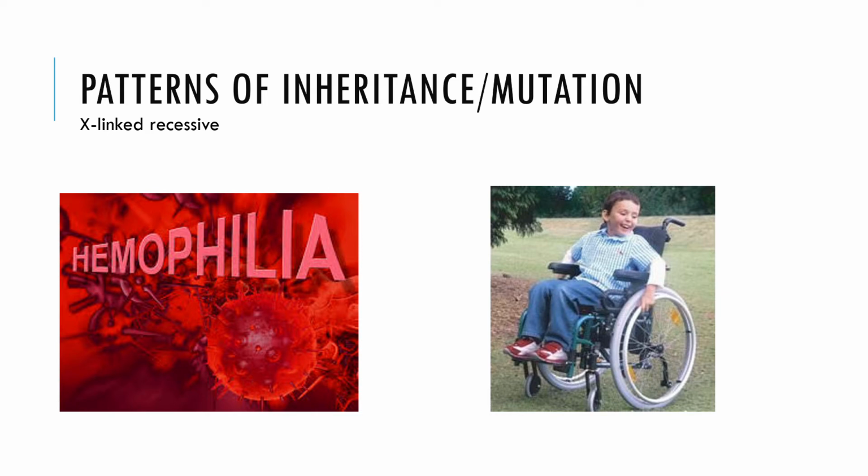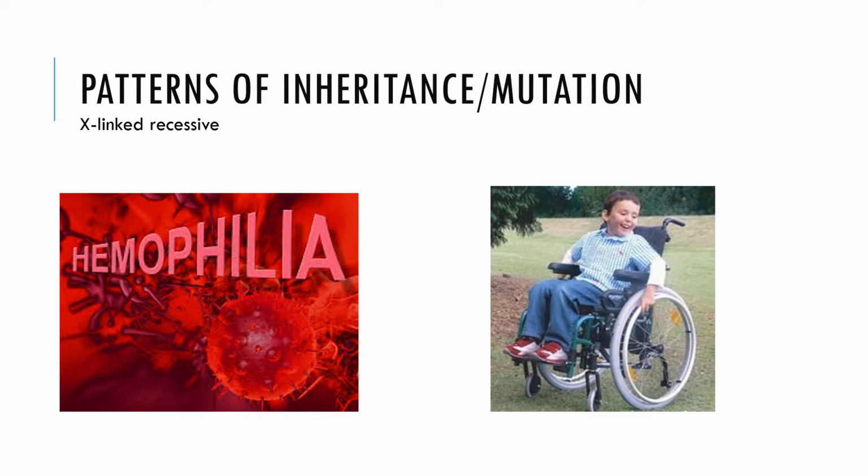Now, the X-linked recessive: who do you think this one affects more? Equally male and female? Or usually males? Well, the word X-linked recessive should tell you that it's mostly males, because females have another chromosome that will override the recessive trait. So it's mostly males.